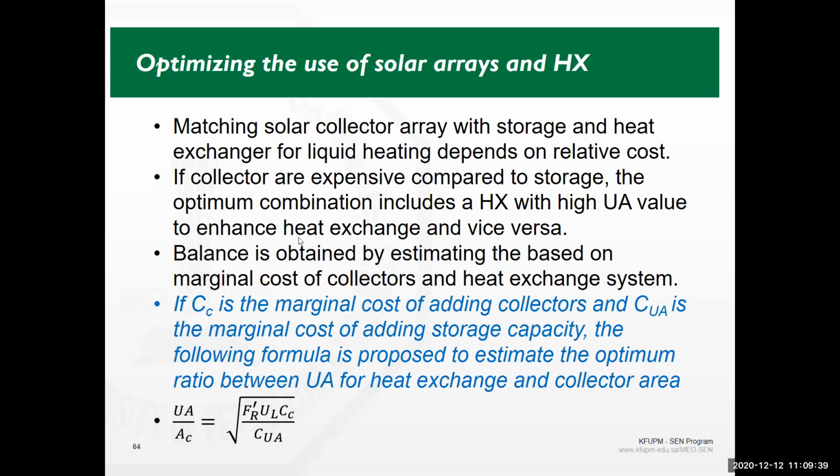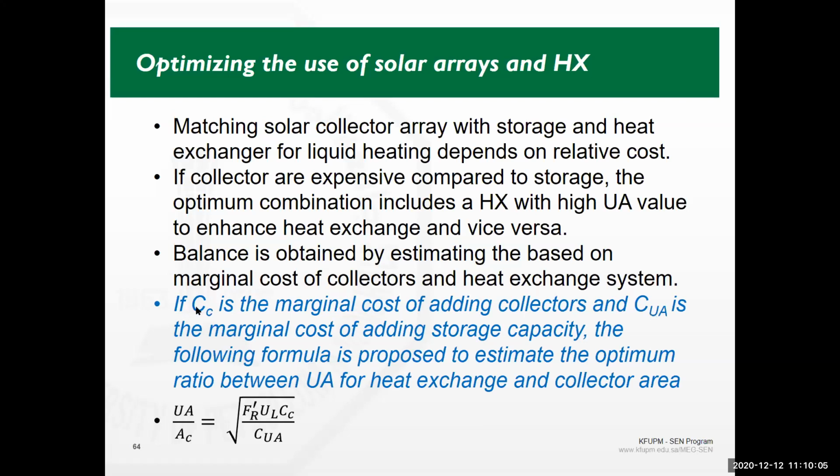So a balance is obtained by doing an estimation based on the marginal cost of the collectors and the heat exchanger system. How is this done? If we assume that there is a factor C sub C, which is the marginal cost of adding collectors, and C sub UA is the marginal cost of adding storage.